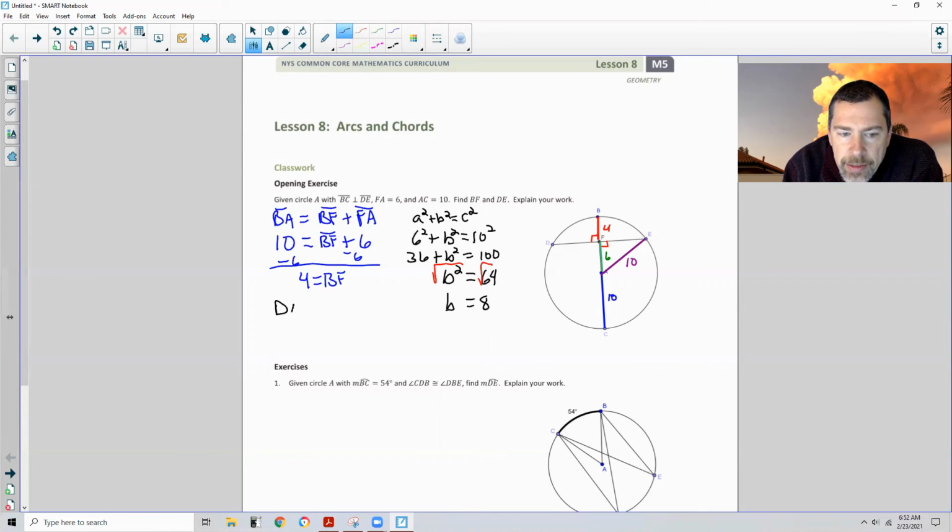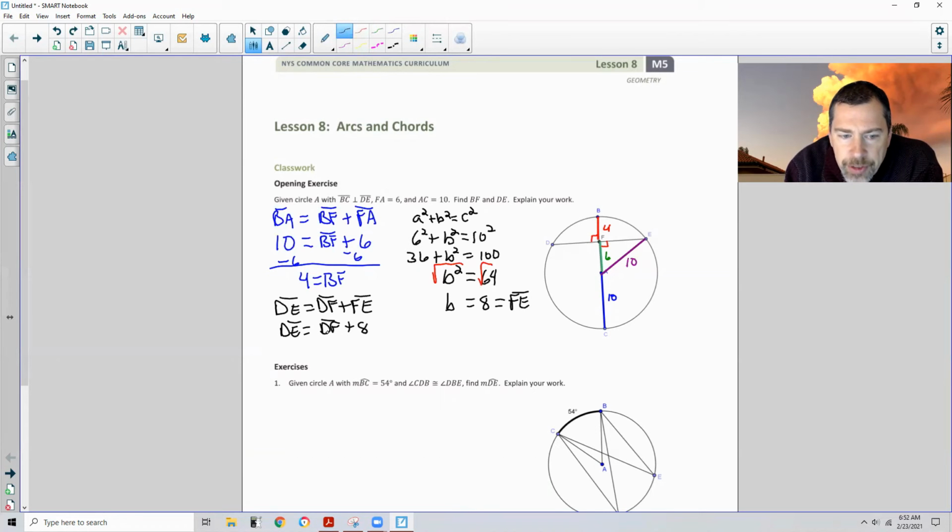So DE equals DF plus FE. And we just found FE to be 8. So DE equals DF plus 8.